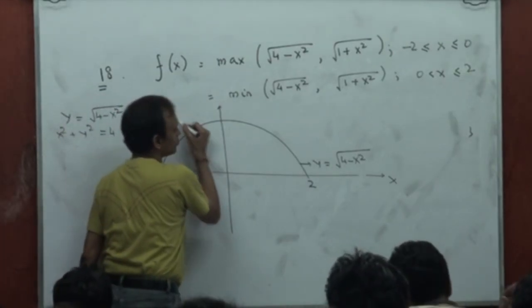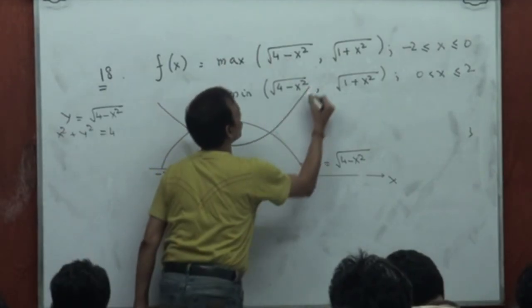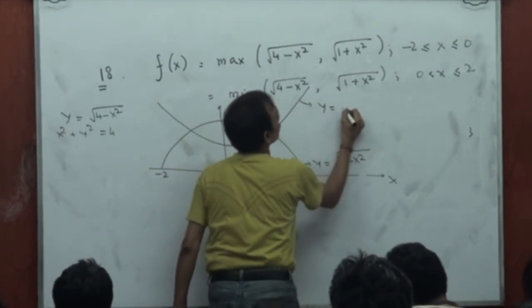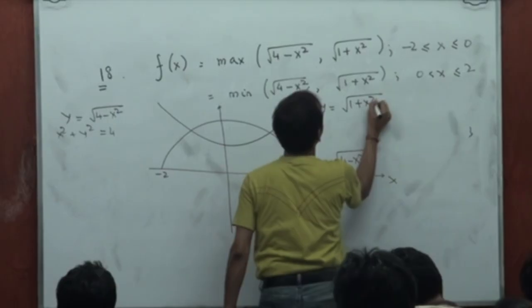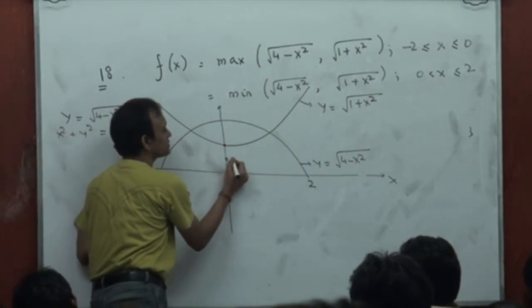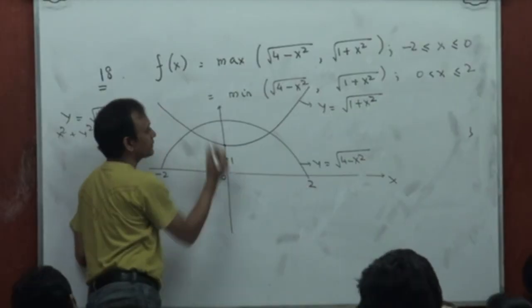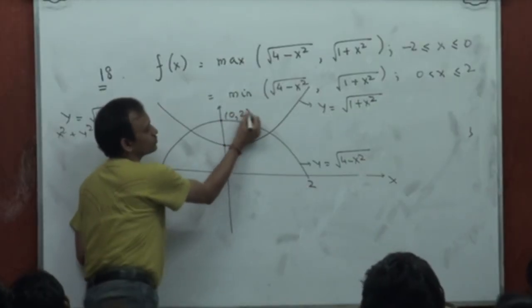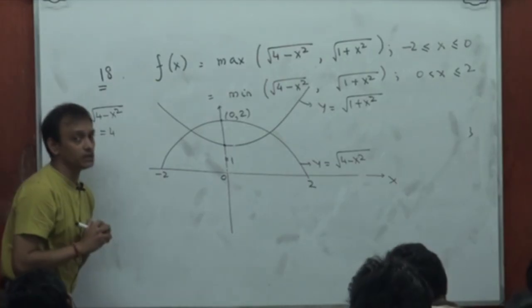At x equal to 0, for y equal to root 1 plus x squared, it's 1. This point is 0, 2. Clear?